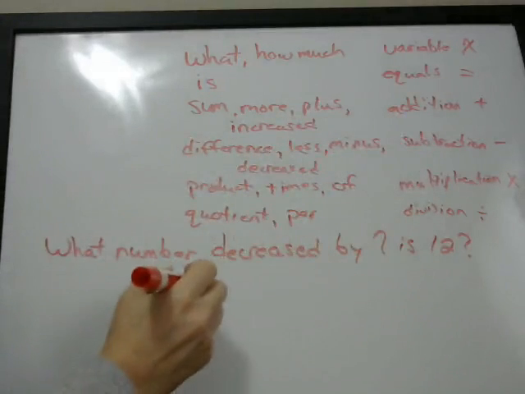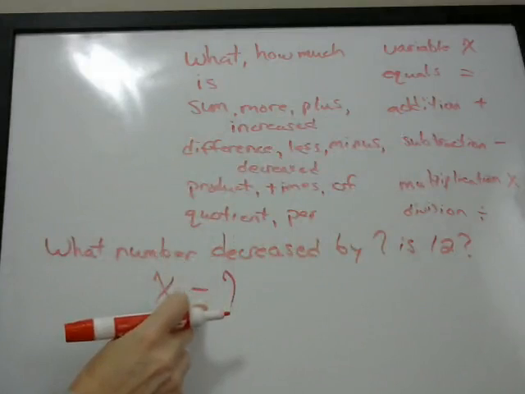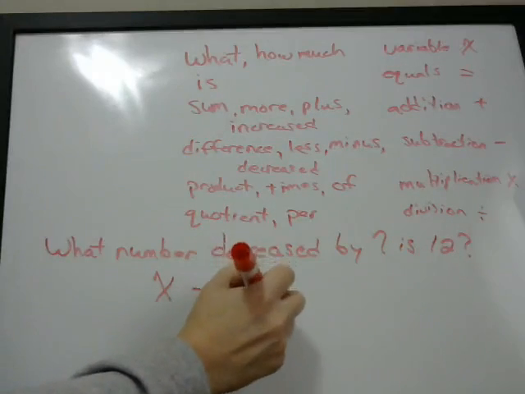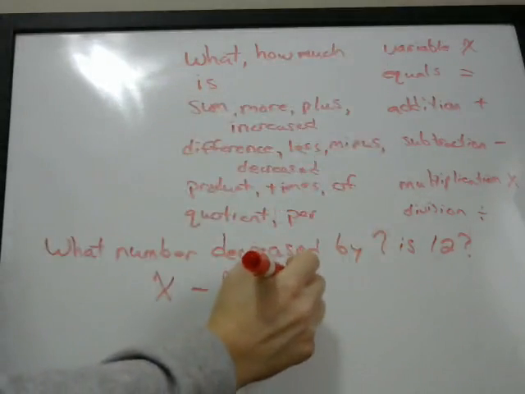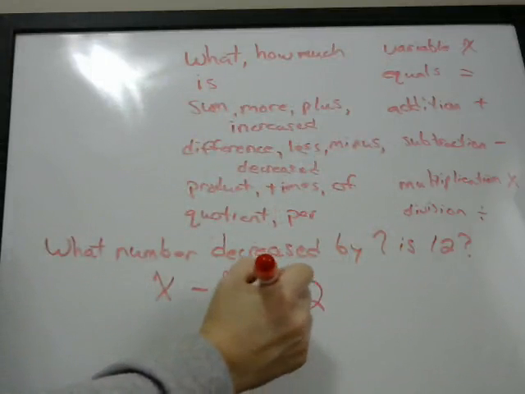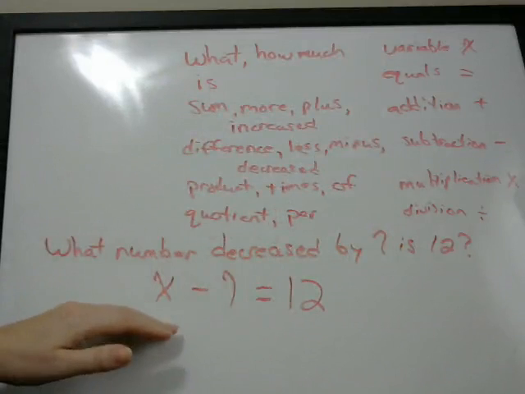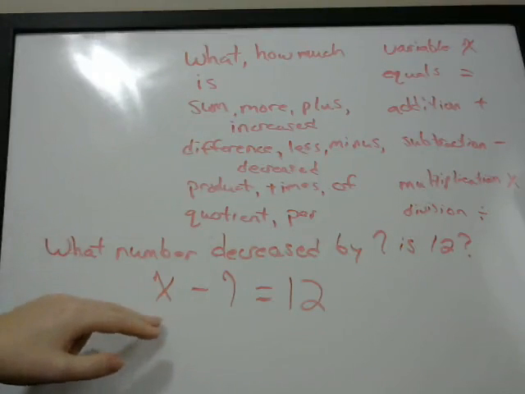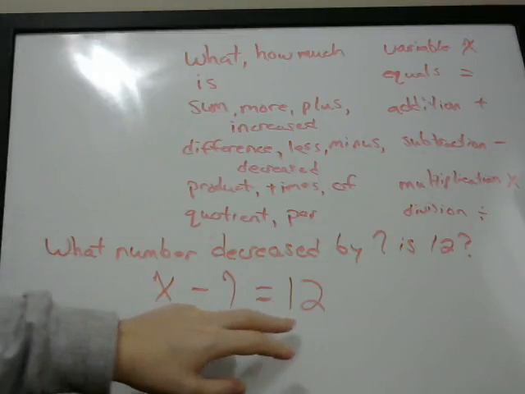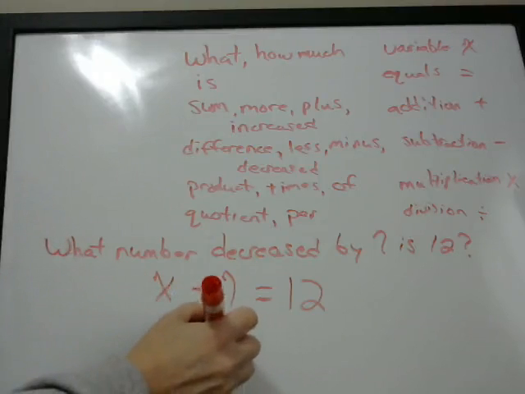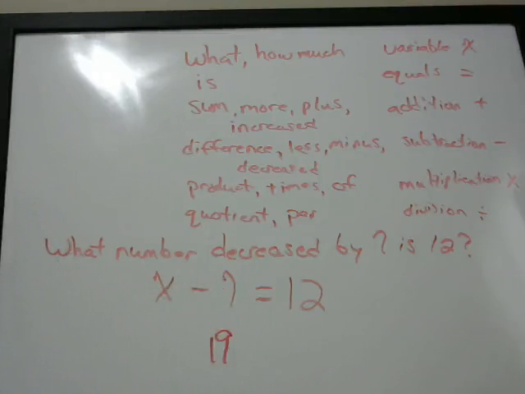So decreased by 7, you're taking 7 away. Is means equals, right? Equals 12. Now in the next video I'll show you how to solve this problem algebraically, but you can probably just reason it out. If you take 7 away from what number are you going to get 12? Well, the answer is going to be 19.